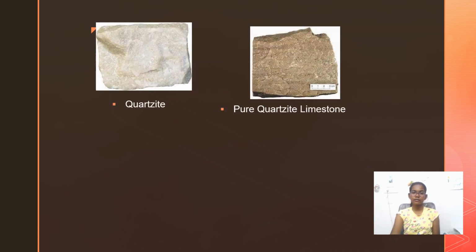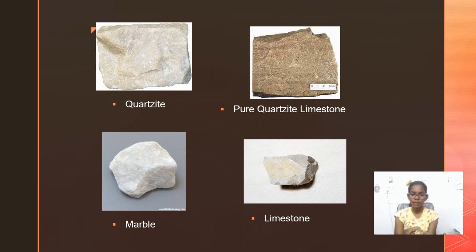Now let us look at the examples of parent rocks. Quartzite is obtained from pure quartzite limestone. And also, marble is obtained from limestone. In this example, all four of these examples are parent rocks, but they are derived from each other.